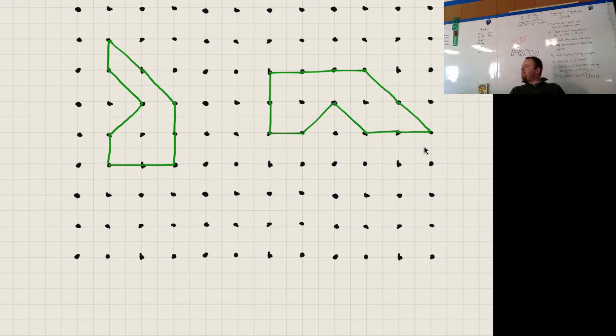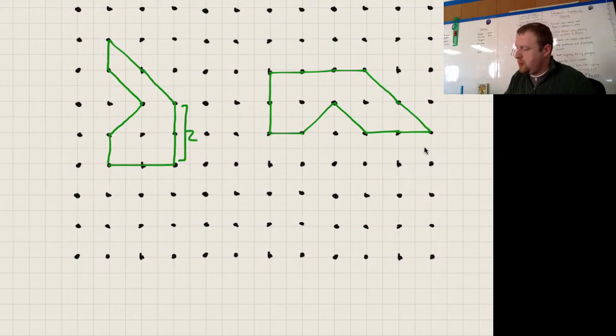Why not? Gabby. On the one, it has 2 dots going down. Okay. On the opposite one, it has 3 dots. Okay. Yeah, I see that. So you're saying that the distance here is 2.